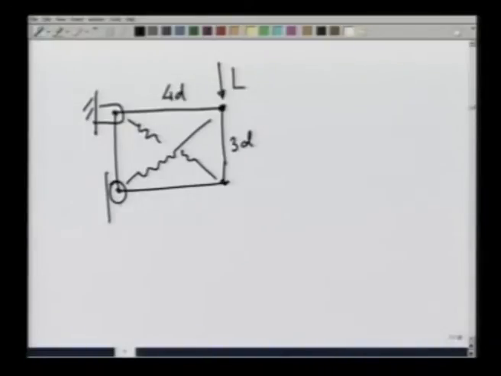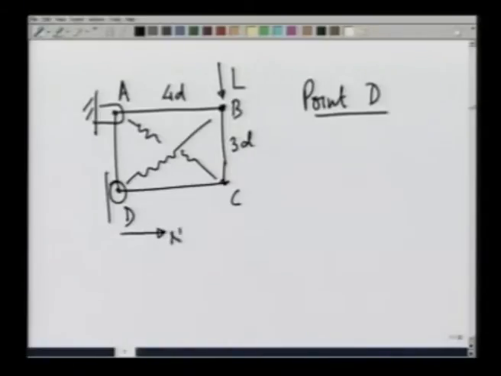Now, this is A, B, C, D. On point D, there will be only a reaction in the horizontal direction. Let me call it ND on the entire system.